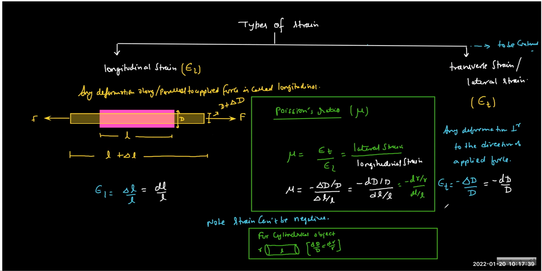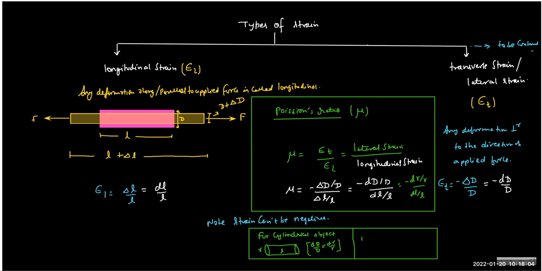Now a body is said to be ideal if its volume is conserved during the deformation process, but that is not the ideal case. Most bodies will suffer some volume changes also, and that's why we talk about the volumetric strain.